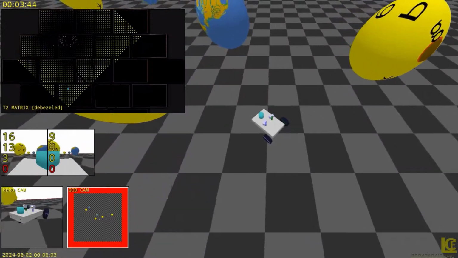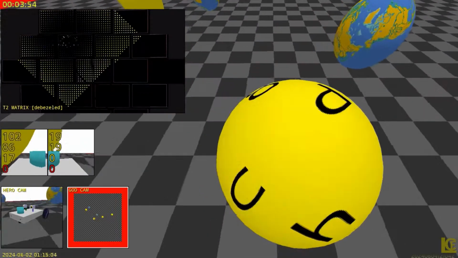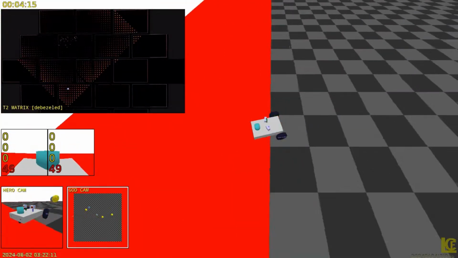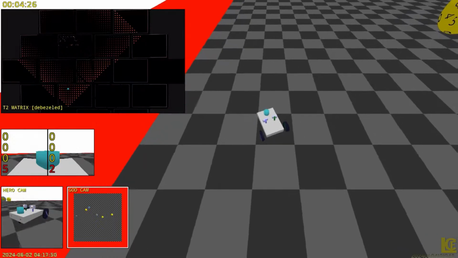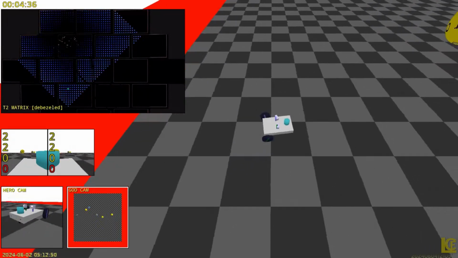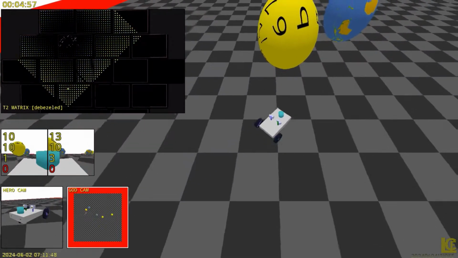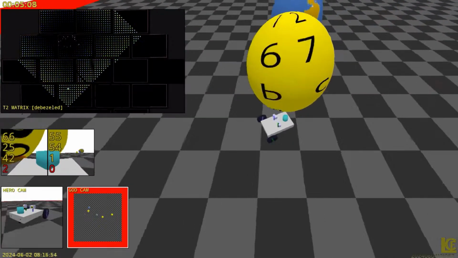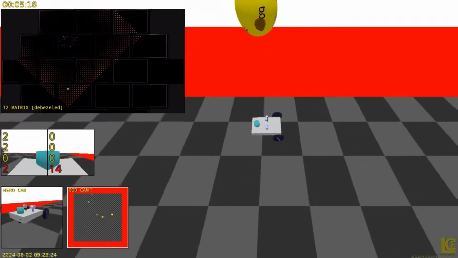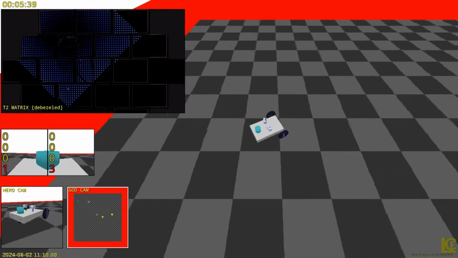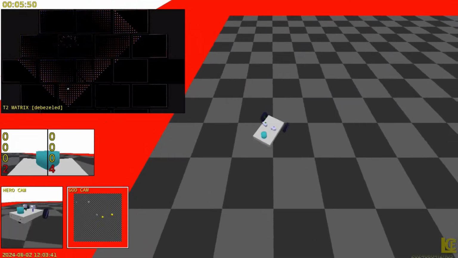BV's actually having trouble with those two, splitting its attention, even though they were far apart. Okay, that's good. Got another one. Explore. Yeah, and there's the jiggering back and forth between avoid and explore.